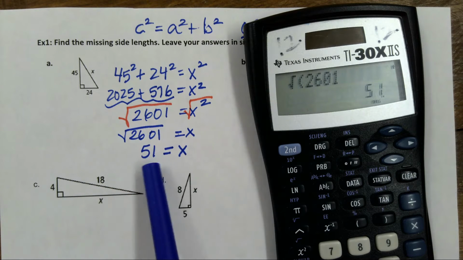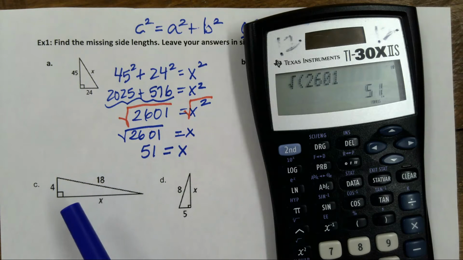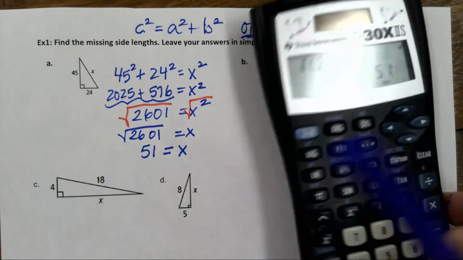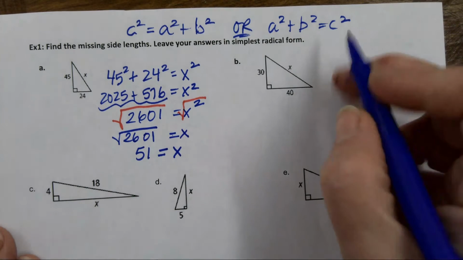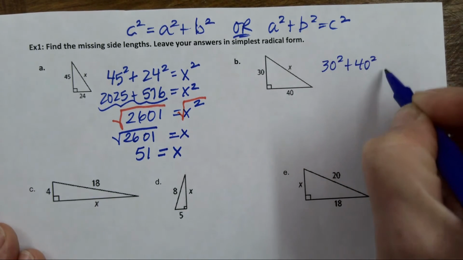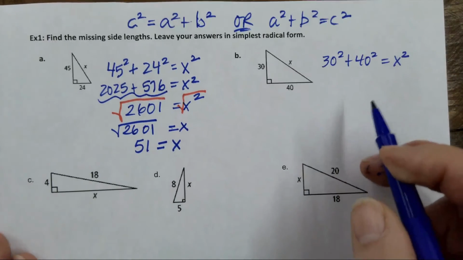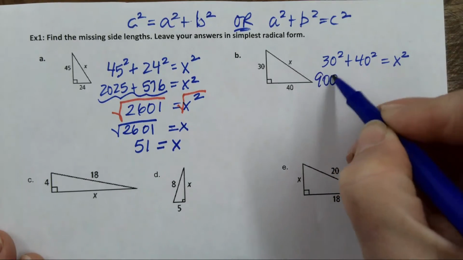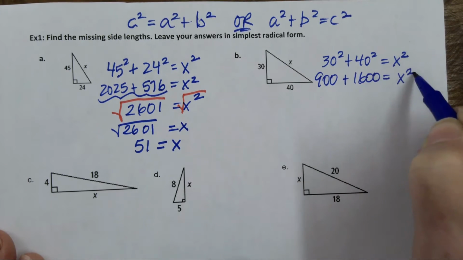If I plugged this in and it came out to be a decimal, I'm going to have to do what we talked about yesterday and simplify my radical. So let's do another one. This one is 30 squared plus 40 squared equals x squared. So I do my math. That's 900 plus 1600 equals x squared.